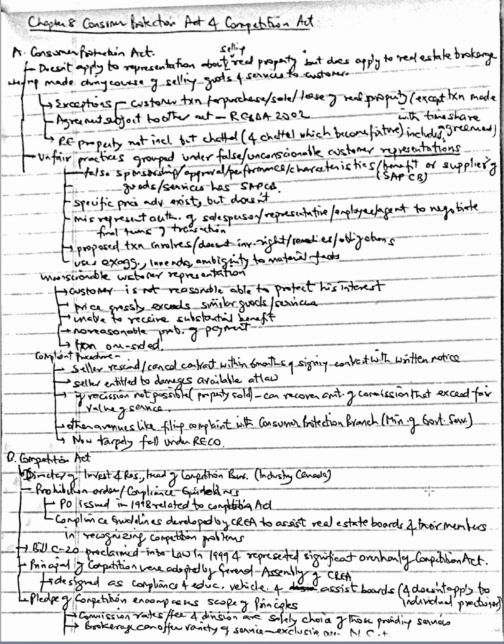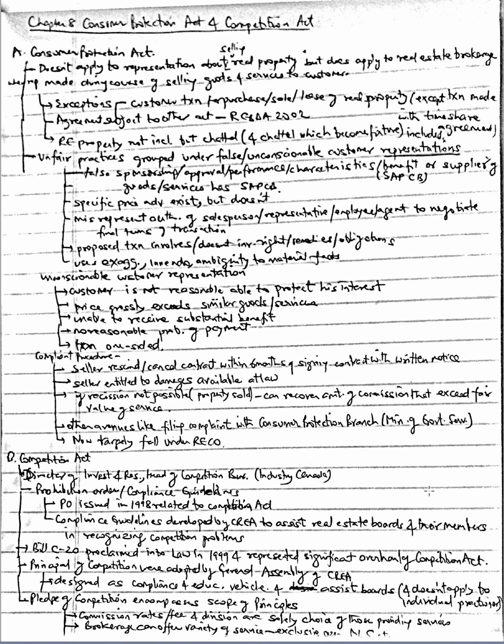So again, to recap, the Consumer Protection Act is designed to prohibit unfair practices in sales to consumers. Although the Act does not affect representations made during the course of selling real property, it does apply to real estate brokerage when representations are made during the course of selling goods and services to consumers.